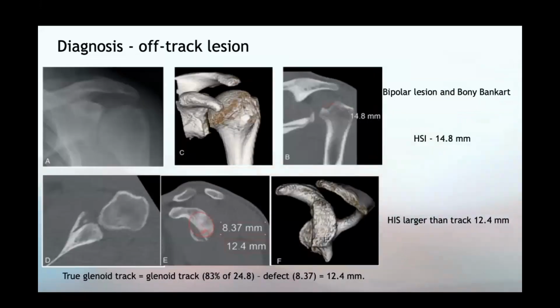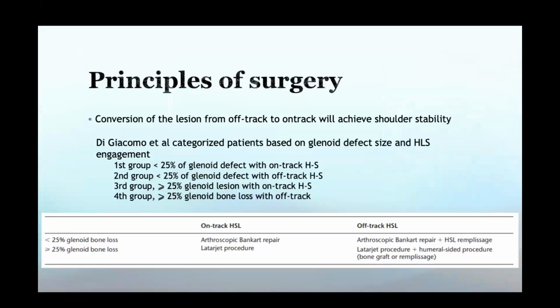Off-track lesions are those that do not have sufficient bone stock, and the lesions lie outside the area of normal contact. So when there is movement of external rotation and abduction, the glenoid pivots out the humeral head, and a dislocation or a subluxation takes place. This normally is seen in bipolar lesions.